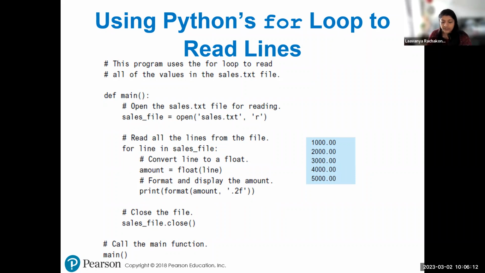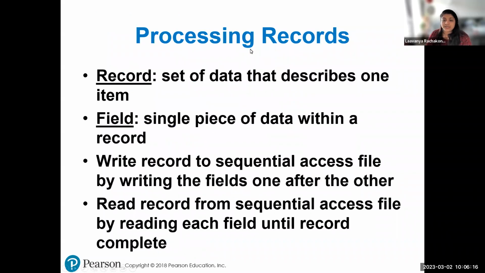Okay, the next topic will be processing records. A record is nothing but a set of data that describes one entity or one item. You could say employee is your item, employee is your record, and the fields are the name of the employee, salary of the employee, number of hours the employee has worked, number of years the employee has been working.